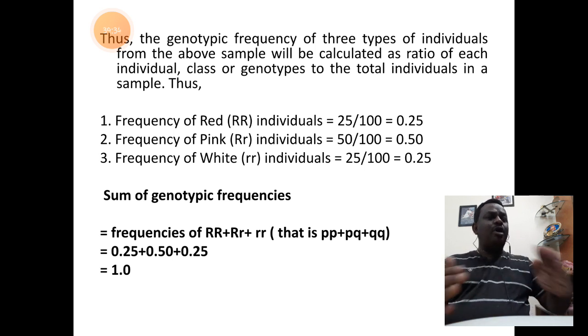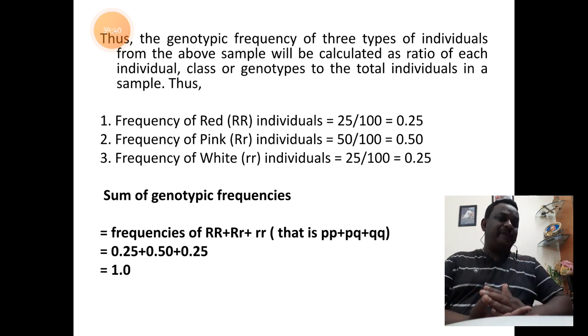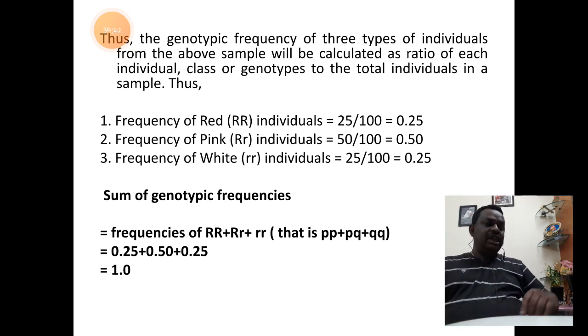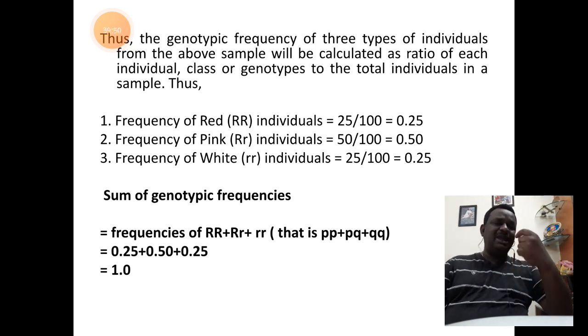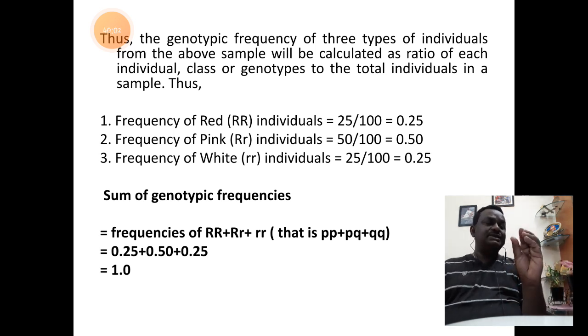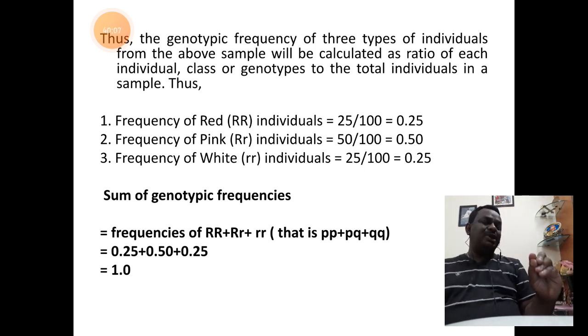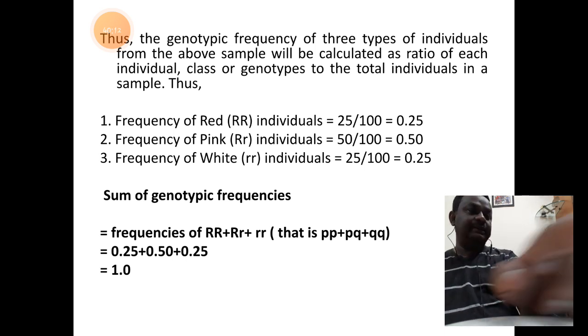Here, the sum total of all these genotype frequencies, 0.25 plus 0.5 plus 0.25, is equal to 1. That is, PP plus PQ plus QQ is equal to 0.25 plus 0.5 plus 0.25, which is equal to 1.